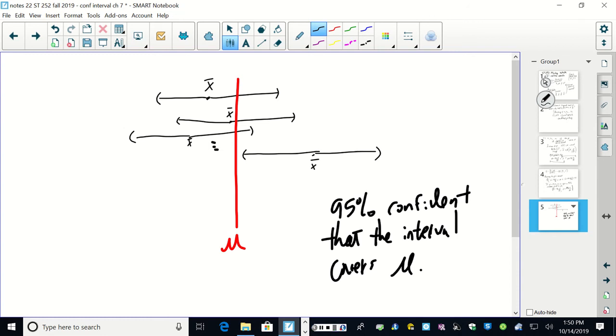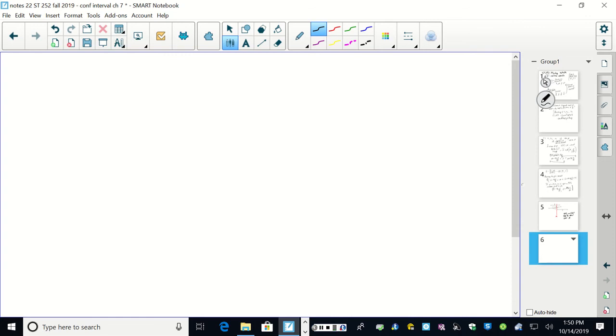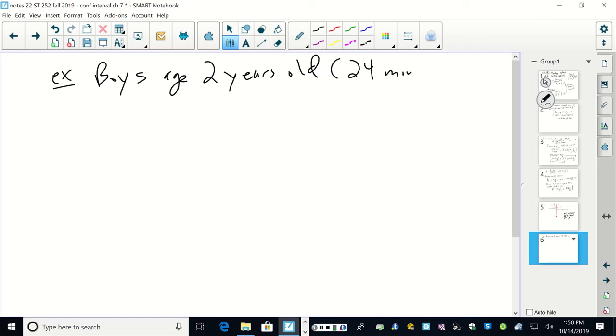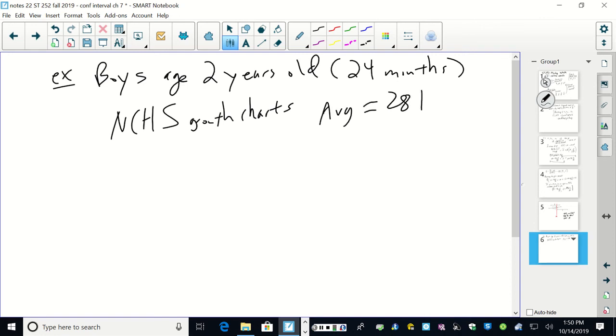So I have a little numerical example. If you take boys age 2 years old, so 24 months, and look at the National Center for Health Statistics growth charts, they report that the average was about 28 pounds.